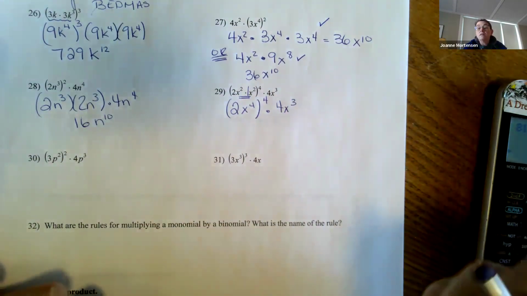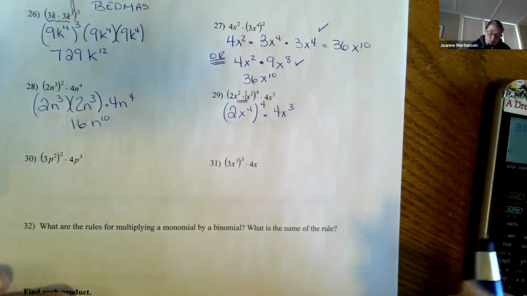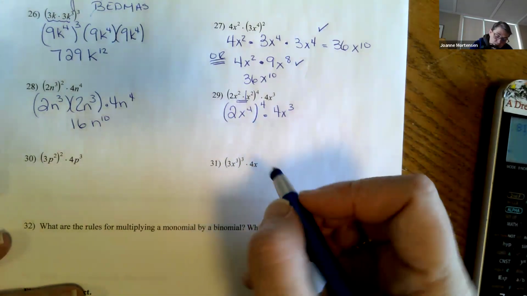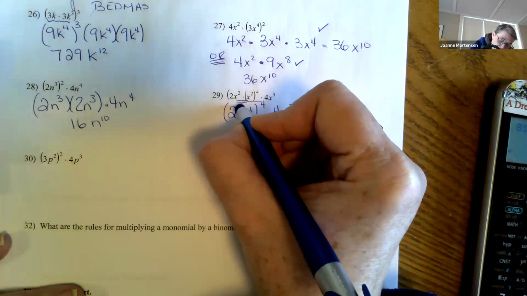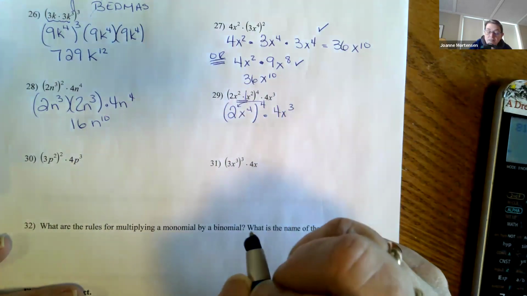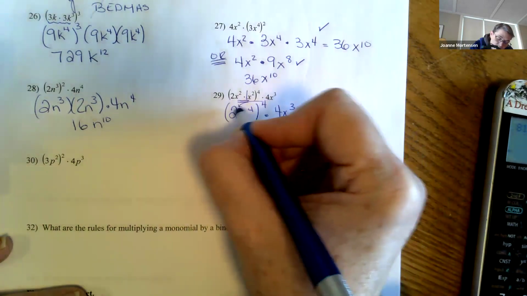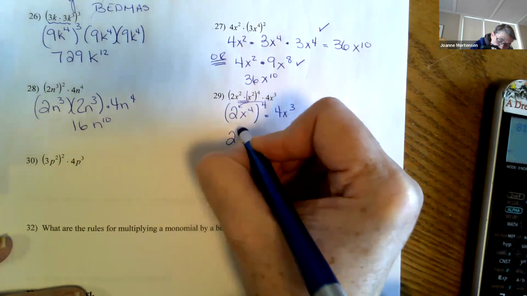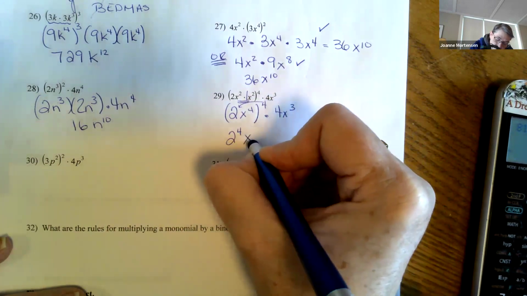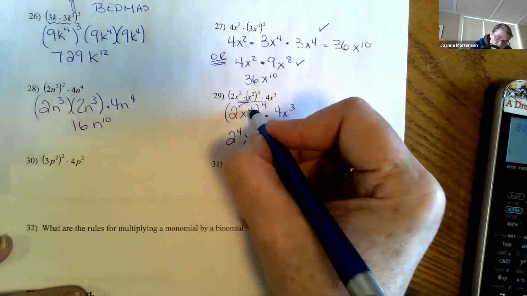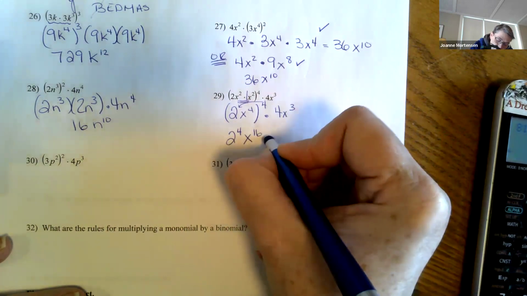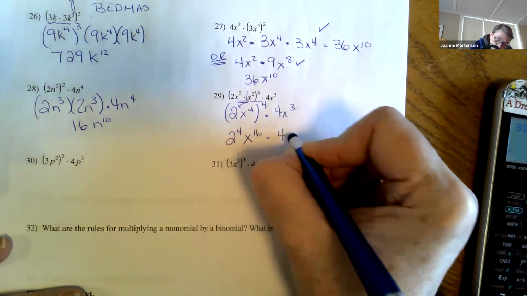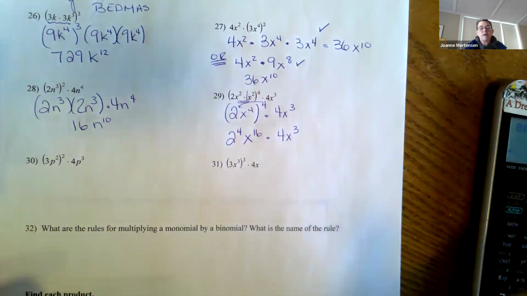I think I'm going to try and show off and use the power rule here, because I could just write this out 4 times. But I'm going to do the power rule. I'm lazy. So this is going to be 2 to the fourth. And x to the 4 times 4 is 16 times 4x cubed. Now, this is where I got to be careful.